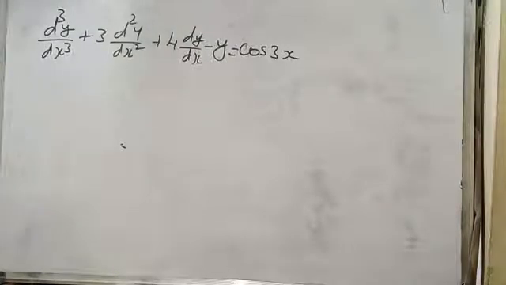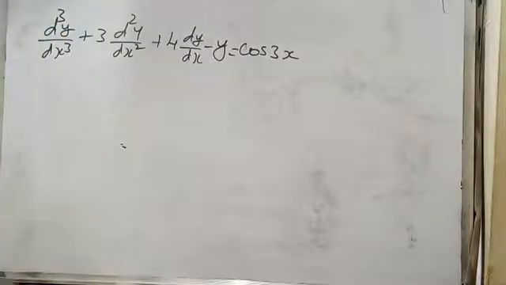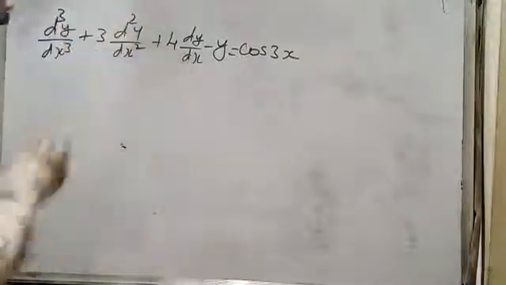So what does order mean? The order is nothing but the highest derivative appearing in it. What is the derivative here? It's the third order derivative. This is the second order derivative. This is the first order derivative.